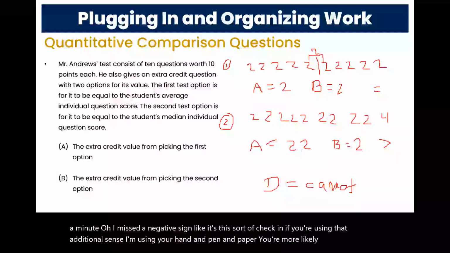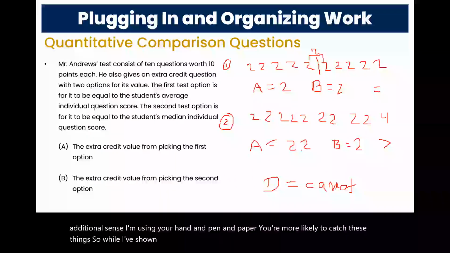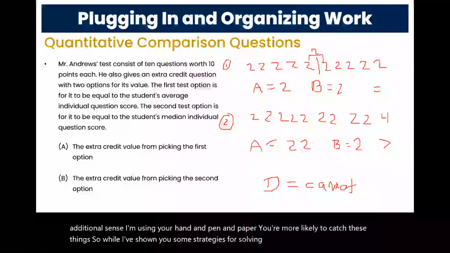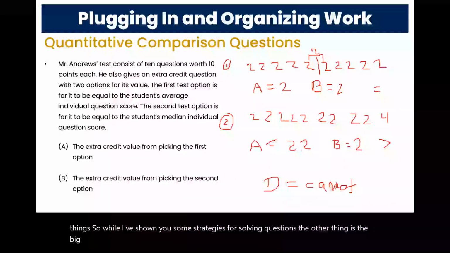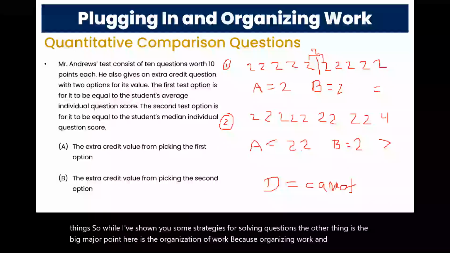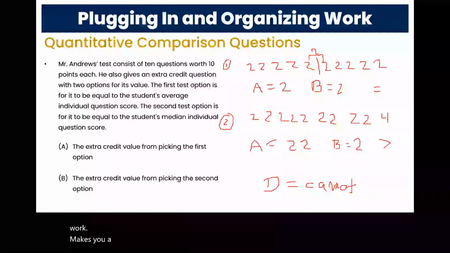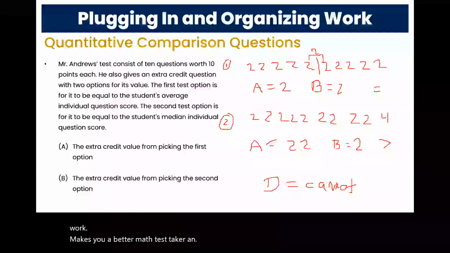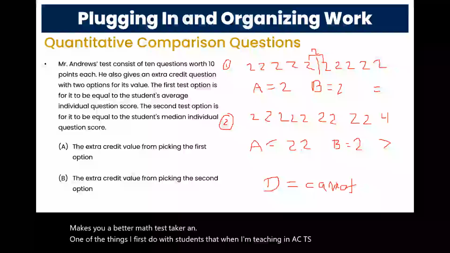So while I've shown you some strategies for solving questions, the big major point here is the organization of work, because organizing your work and showing your work makes you a better math test taker. One of the first things I do with students when I'm teaching them ACT and SAT is get them to write their work out.